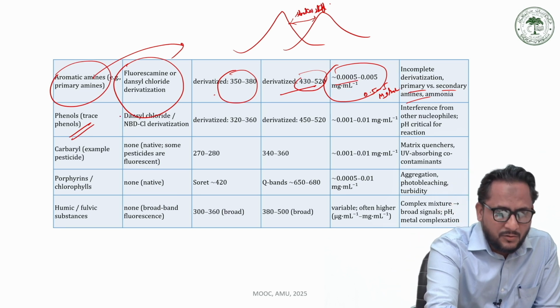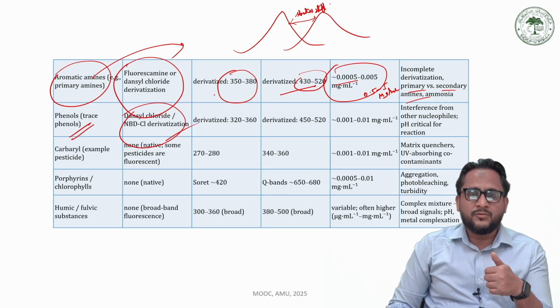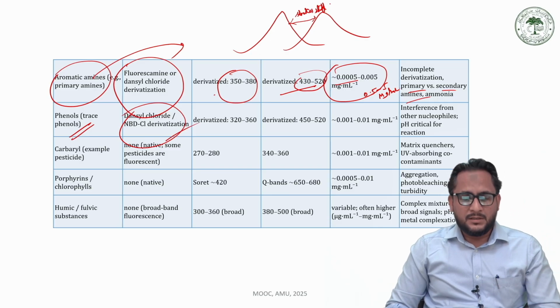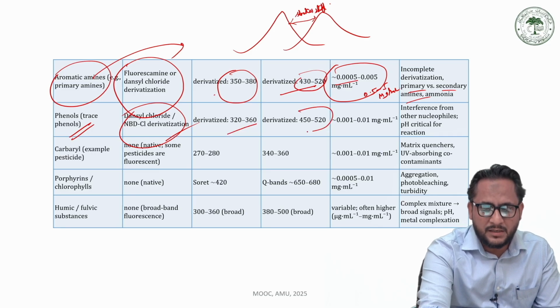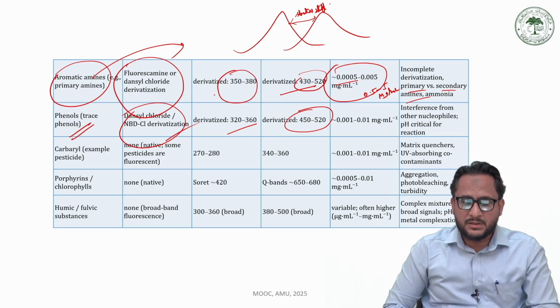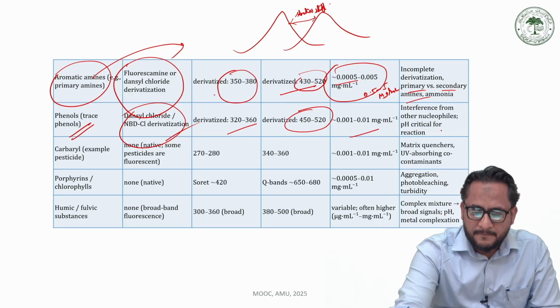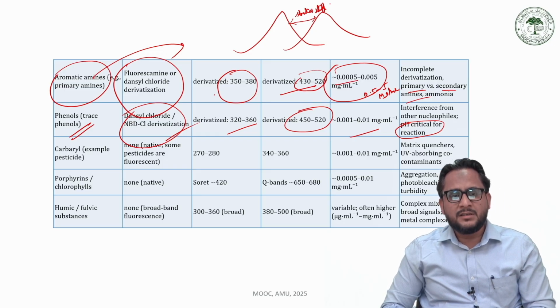We can add dansyl chloride or NBD-Cl. They are derivatized to form fluorescent derivatives which absorb light from 320 to 360 nanometers and emit light from 450 up to 520 nanometers. The sensitivity is also good, although it depends upon pH variations, but we can control that, and in this way we can study phenols.